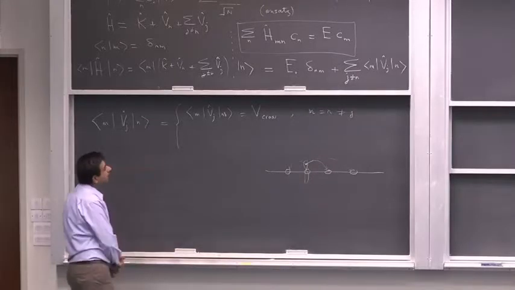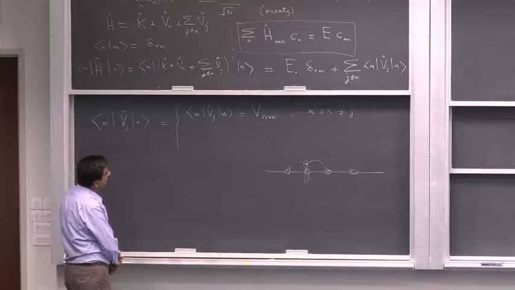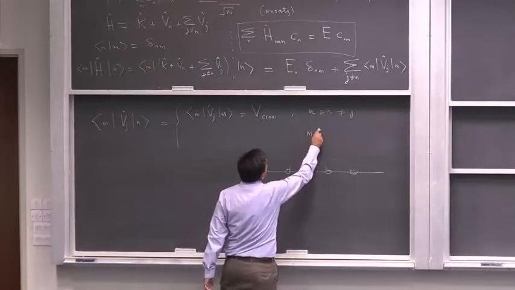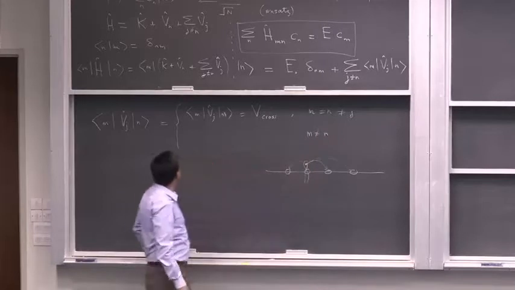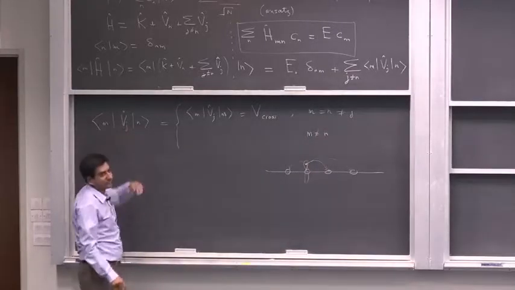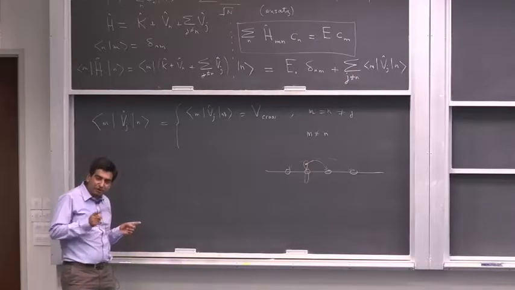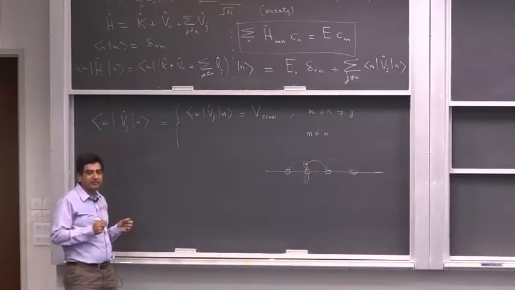Then I could also have terms of another kind in which m is not equal to n, which means that these two indices are different. Then in that case, I am actually talking about a transfer integral, a transfer term between two nuclei.